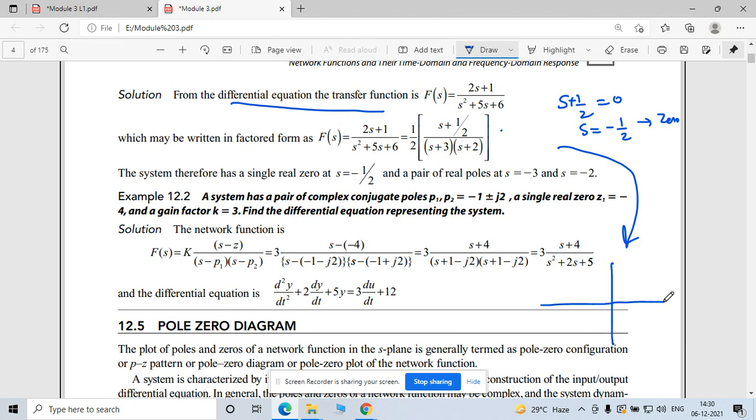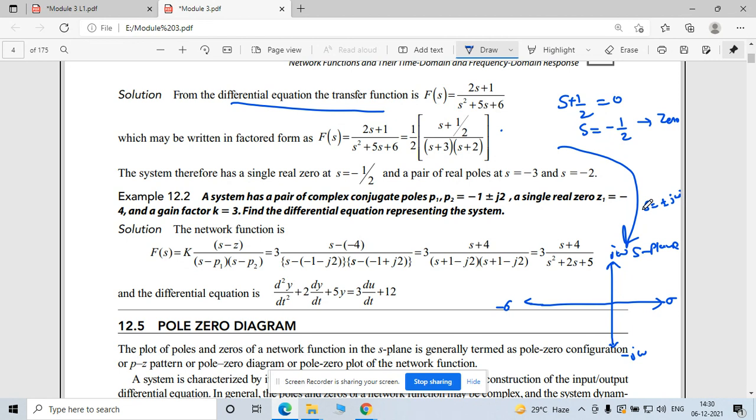Now see, this is your s plane. Here is your real term, that is sigma, and here j omega, and here minus j omega, and this is minus sigma. S is nothing but plus or minus j omega, right?